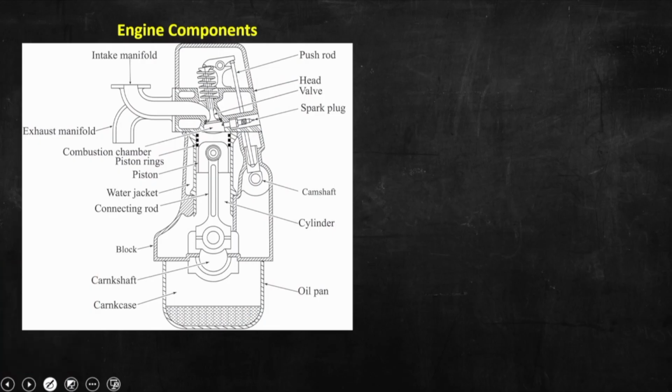So, next is the cylinder. If we now focus on this component, that is the cylinder. If it is a single cylinder engine, certainly one cylinder will be there. Otherwise, if it is a multi-cylinder engine, then multiple cylinders will be there.